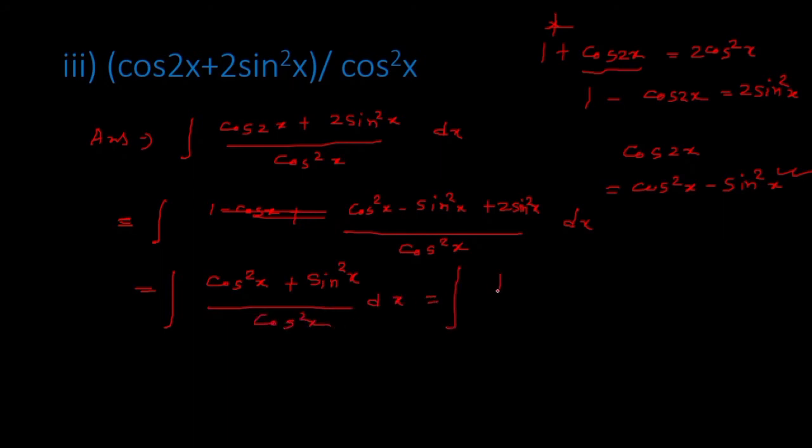So integration of 1 by cos square x dx will be integration of sec square x, because we know 1 by cos x is nothing but sec x. And integration of sec square x will be tan x plus c.